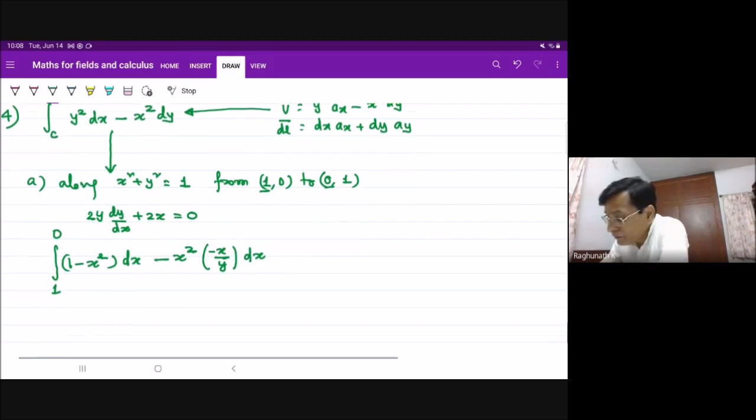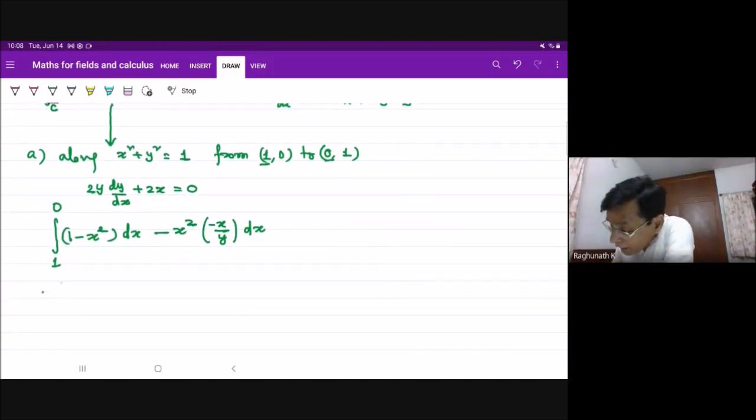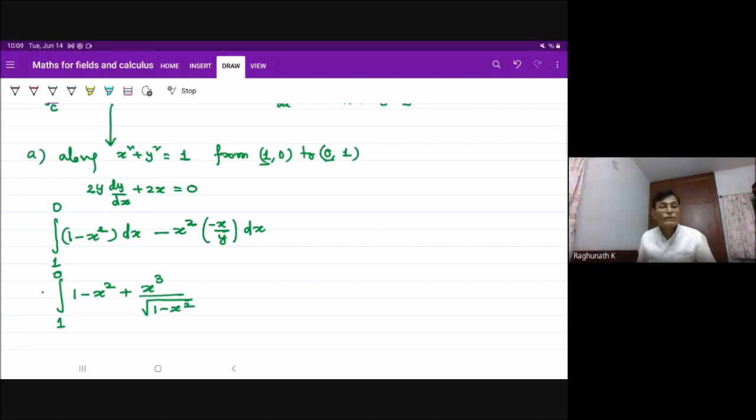Which is ultimately what? Integral 1 to 0, 1 minus x square plus x cubed by root of 1 minus x squared. Correct only? Correct?